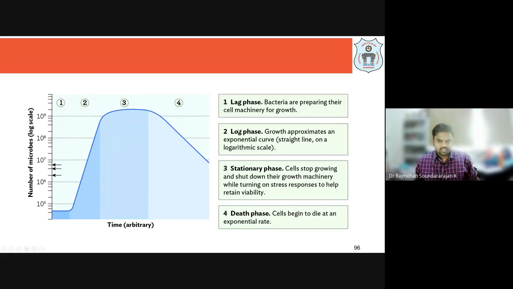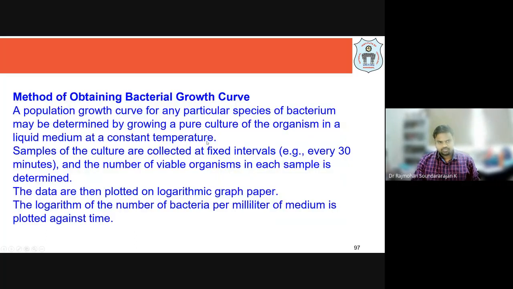First is the lag phase, where they prepare their cell machinery for growth. Second is the log phase, where growth approximates an exponential curve, like a straight line on a logarithmic scale. Third is the stationary phase, where cells stop growing and shut down the growth machinery while turning on stress responses to help retain viability. Last is the death phase, where the cells begin to die at an exponential rate.